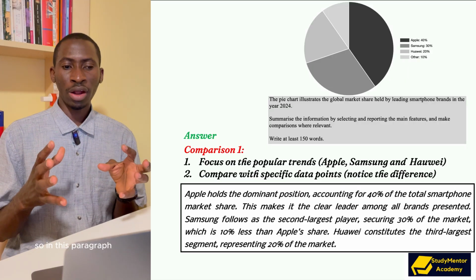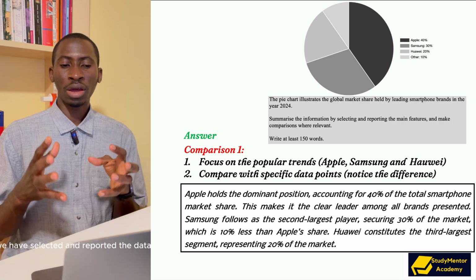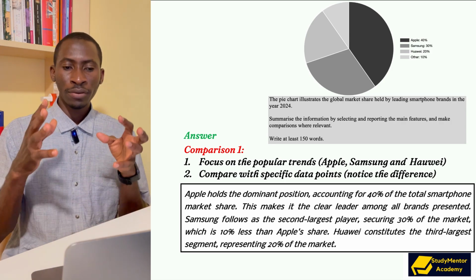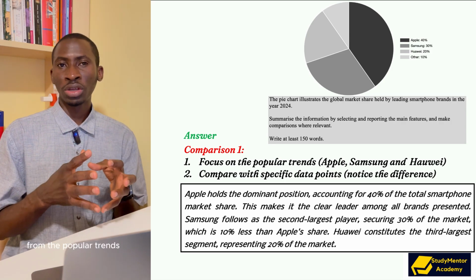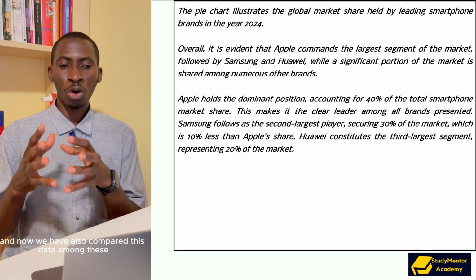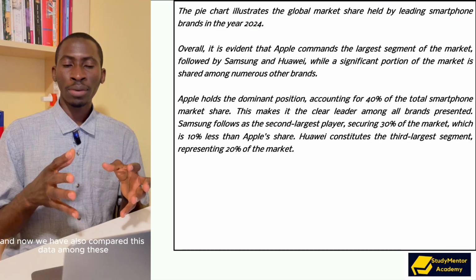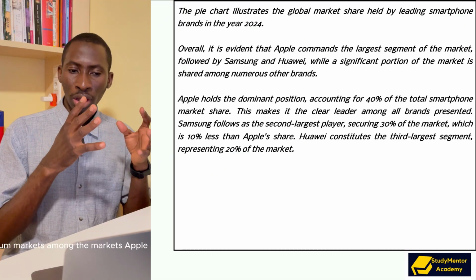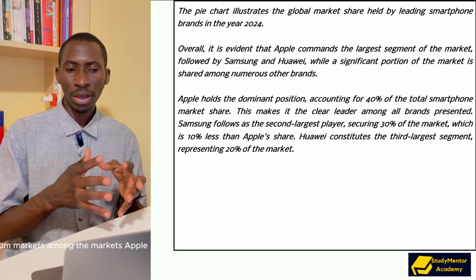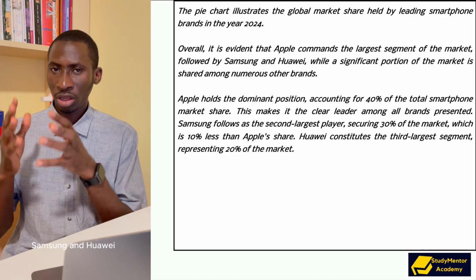So in this paragraph, we have selected and reported the data from the popular trends. And now we have also compared this data among these markets, Apple, Samsung, and Huawei.